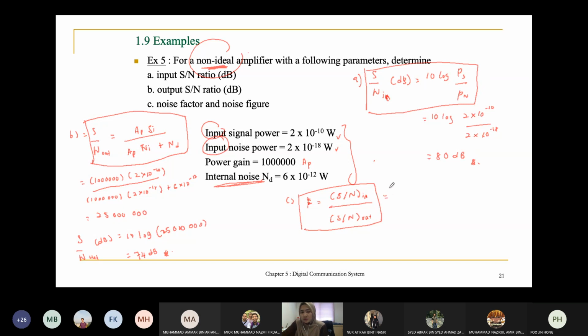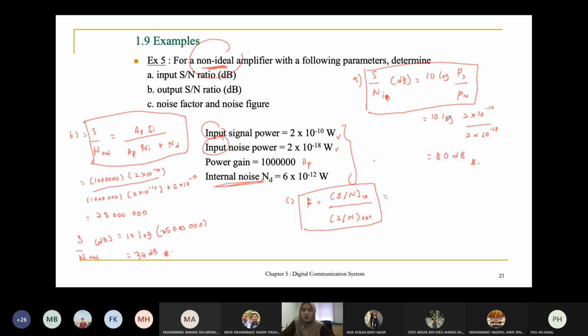But please remember, if you want to use this formula, the signal to noise ratio must be in absolute value, not in decibel. So this one is very important. Signal to noise ratio input and signal to noise ratio output. If you want to calculate for the noise factor, the signal to noise ratio must be in absolute value.